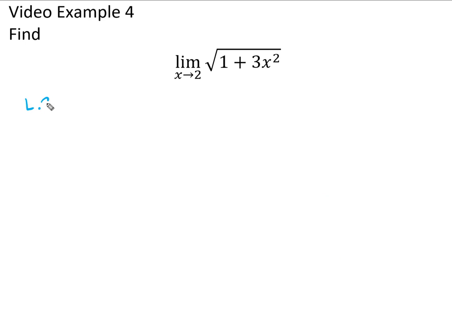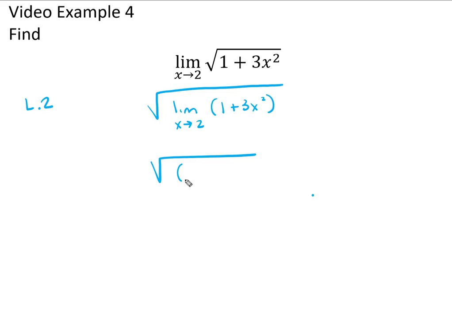According to L2, we are able to take that power and do the limit of the function inside. So this is going to be the square root of the limit as x approaches 2 of the phrase 1 plus 3x squared. And then that's a polynomial function, which is a rational function. So I can find that limit by evaluating that function at 2.